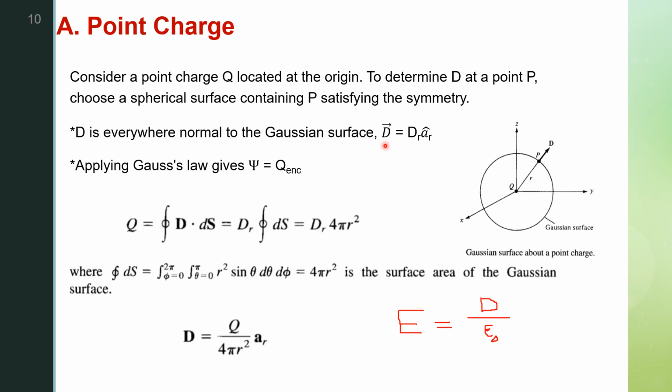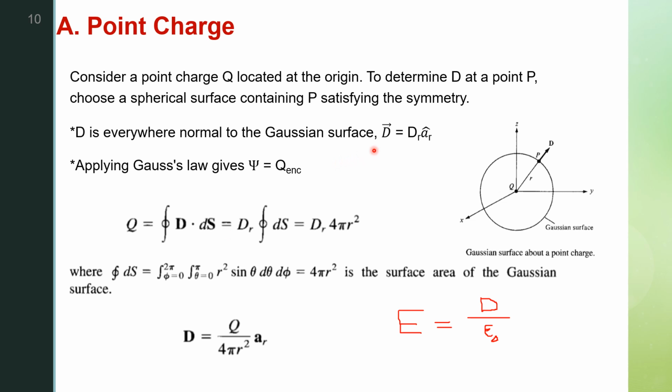D is the electric flux density, so that is equal to D_r a_r. From Gauss's law, we know total electric flux is equal to total charge enclosed, and we have already seen Q, the total charge, is equal to the surface integral of D dot dS.